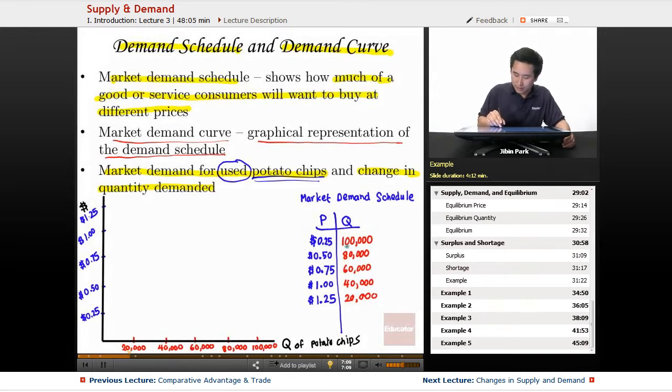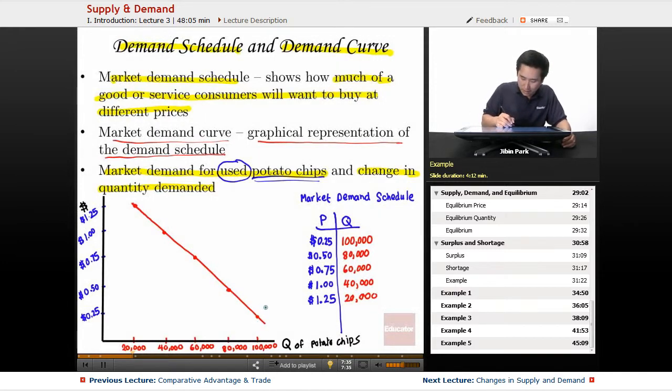So at 25 cents, you have 100,000 potato chips that are demanded, and at 50 cents, 80,000. At 75 cents, it would be 60,000. At $1, it would be 40,000. And at $1.25, there's only 20,000 that is demanded at that particular price here.